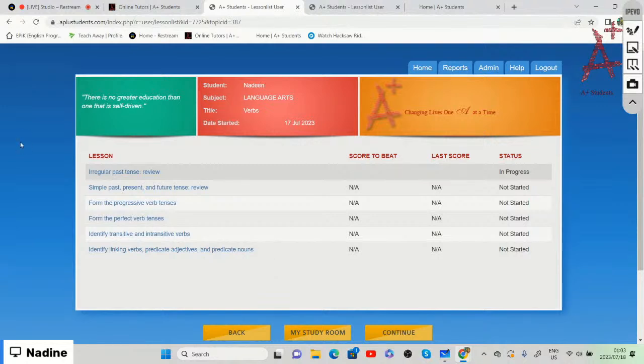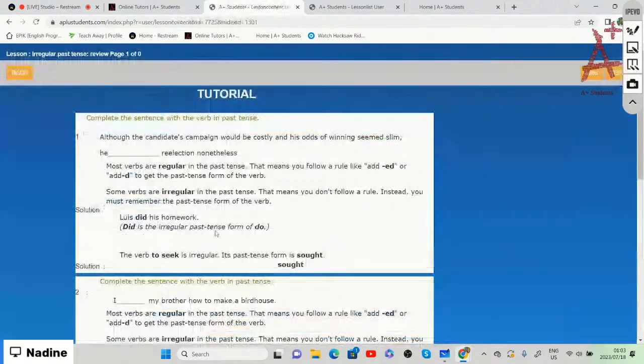All right, so we're going to start with irregular past tense verbs. Of course, we have regular and irregular past tense verbs. Most verbs are regular in the past tense.